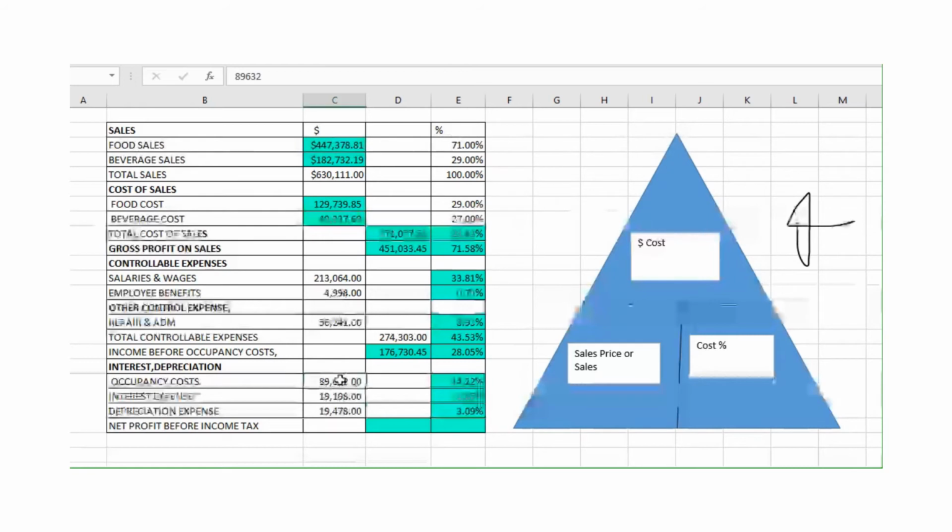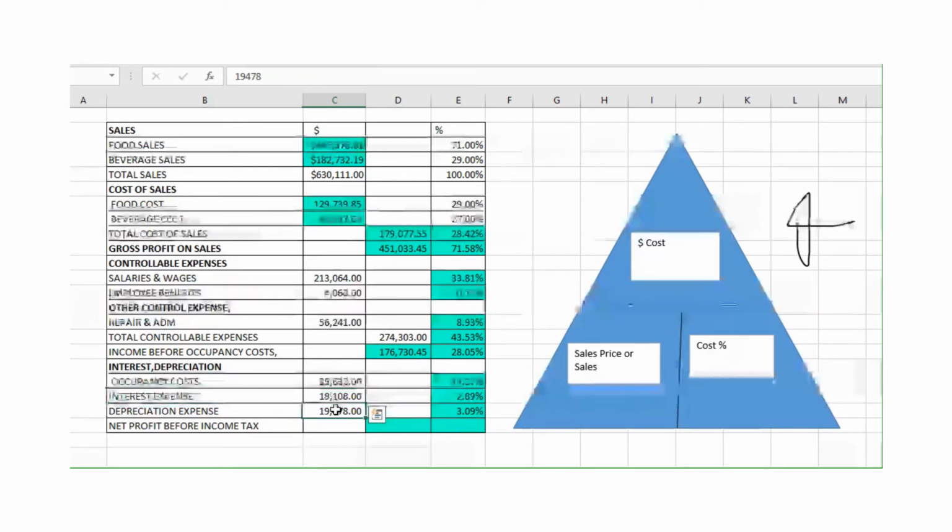Occupancy costs would be your rent, and any other costs associated with the fixtures within the building. Your interest expense would be paying interest on any loans that you have with the restaurant from the bank, lenders, whatever the case.